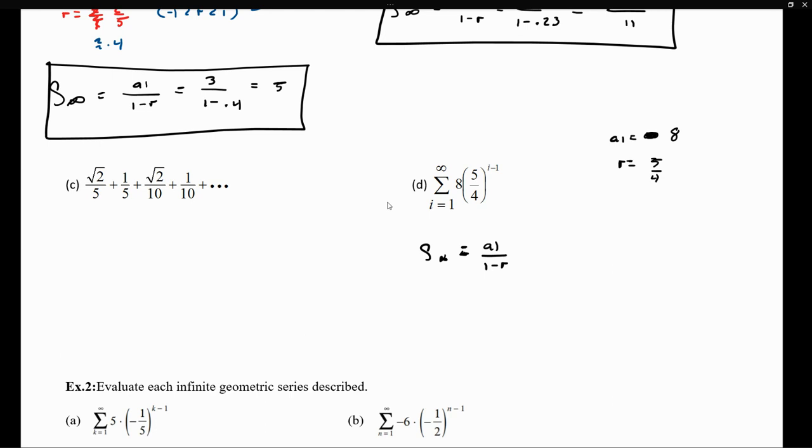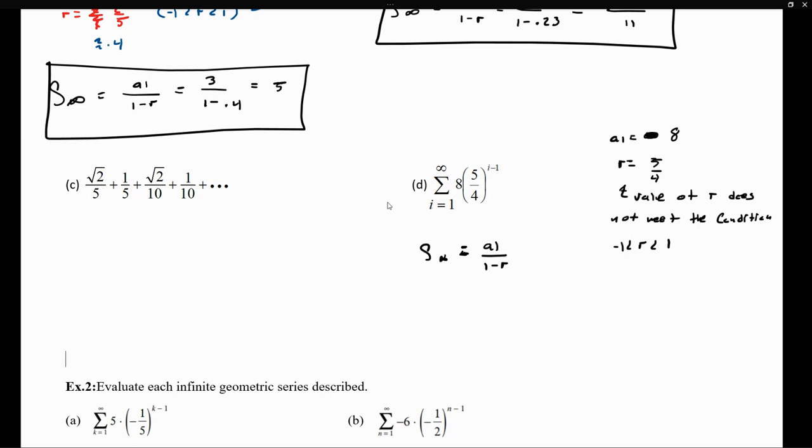Well, notice the value of r. It's 5 over 4, which is not between -1 and 1. So the value of r does not meet the condition of r being bounded between -1 and 1.